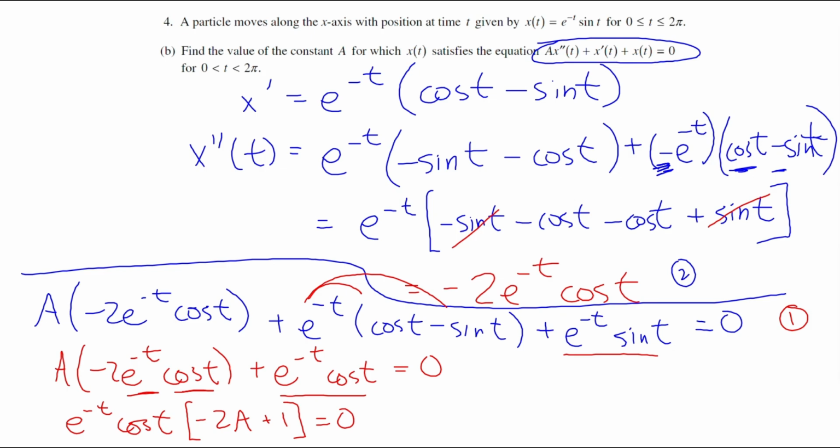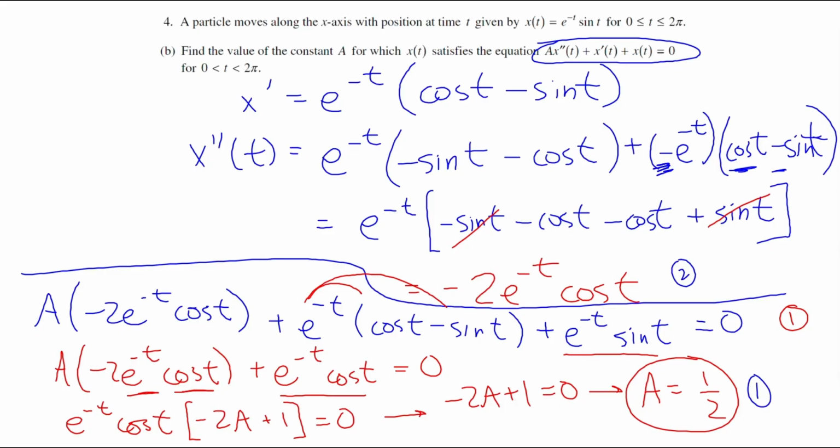Well, we just need to set negative 2a plus 1 to be 0, which gives us a is equal to positive 1/2. And that is the fourth point there for part B in this motion FRQ, and that's the end of this motion FRQ. It was question number 4 from the 2007 AP Calculus AB exam.